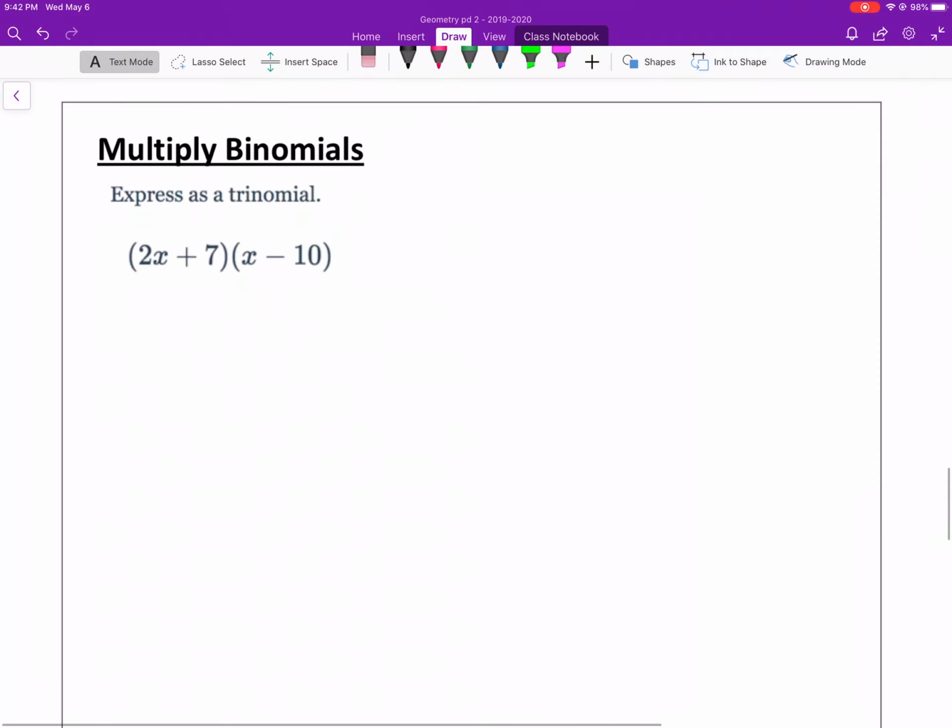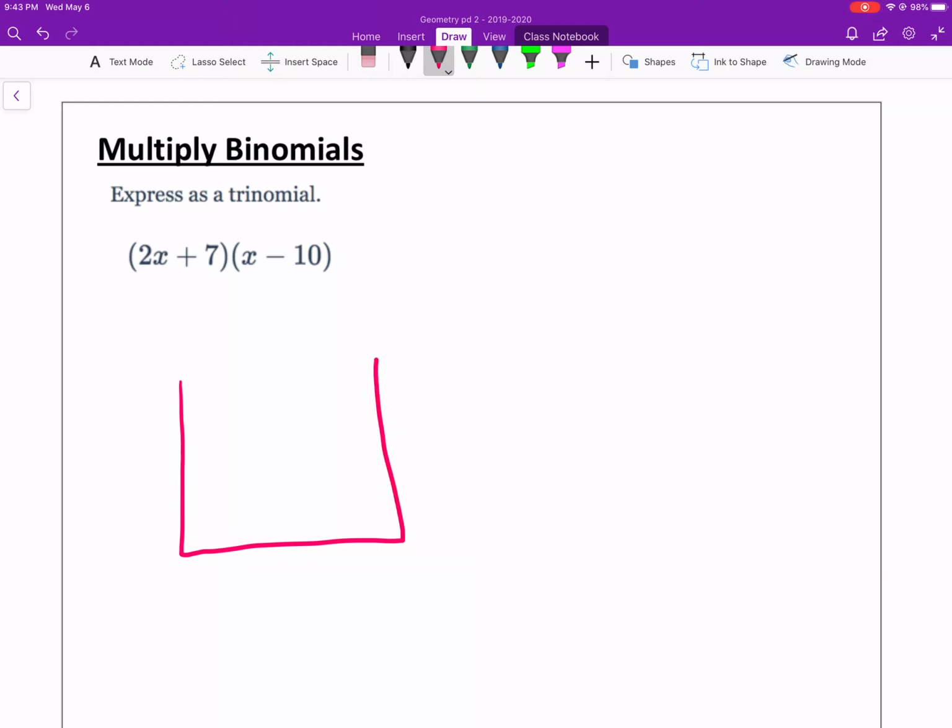Alright, multiplication of two binomials, and they'll say to express it as a trinomial. It just means it's going to come out with 3 terms. But anyway, it's a 2 by 2 box here. (2x plus 7) and (x minus 10). So 2x times x, don't forget about your invisible 1's, guys.